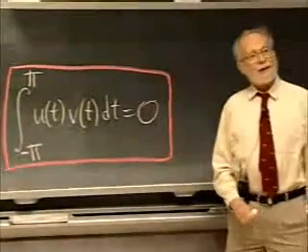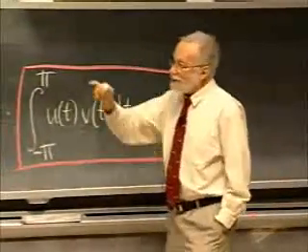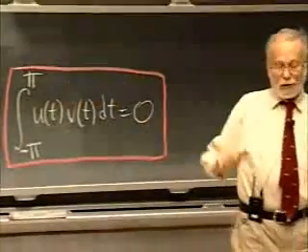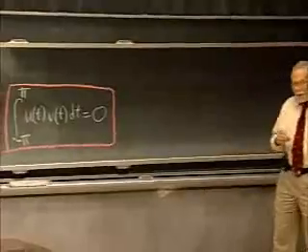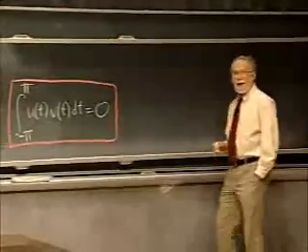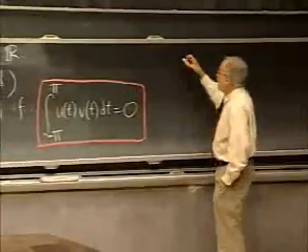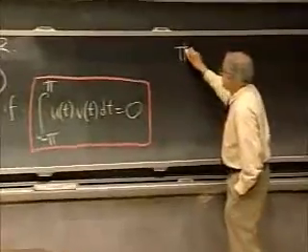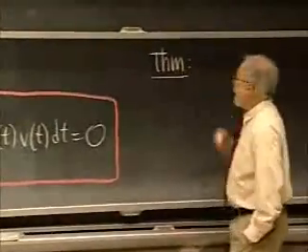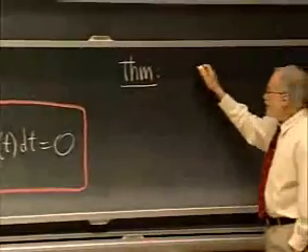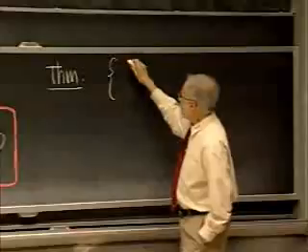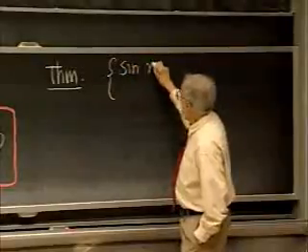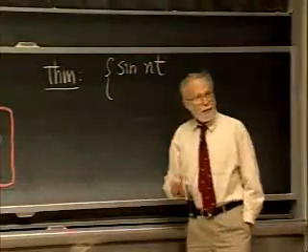Anyway, that's the condition. And now what I say is that Fourier, that blue Fourier series, what finding the coefficients an and bn depends upon is this theorem. If I look at this collection of functions, sine nt for any value of the integer n.